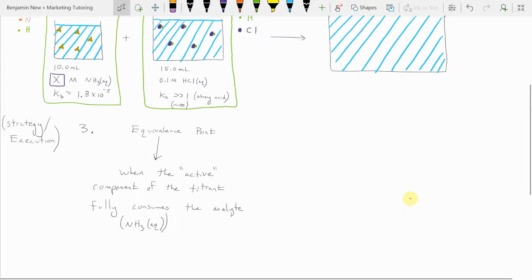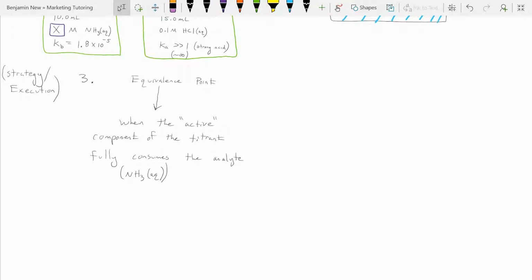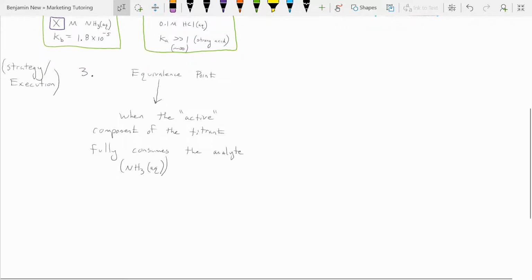Okay, so when the active component of the titrant fully consumes the analyte, now we have to think about where can we go from here? So if the active component of the titrant fully consumes the analyte, the way I think about this is, well, I know it's a titration, and a titration is basically where you're just using the titrant in order to count atoms or molecules of the analyte. You're just literally counting how many ammonias you have in solution.